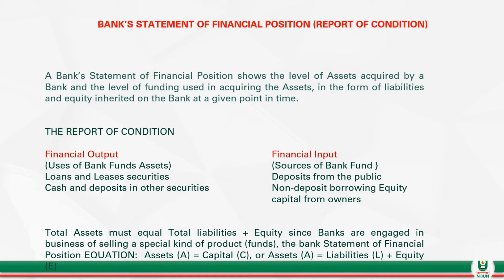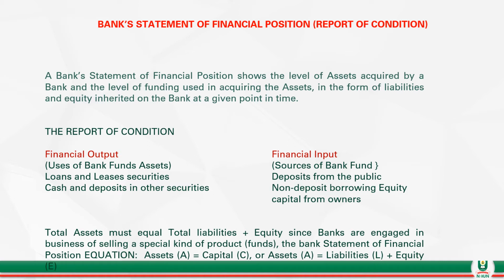So when we're talking about the financial output, we talk about the uses of such bank funds. That's the assets. We talk about the loans and the leases. We also talk about the cash and deposits from securities.